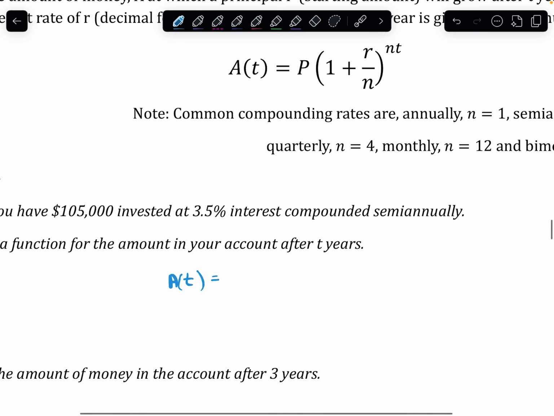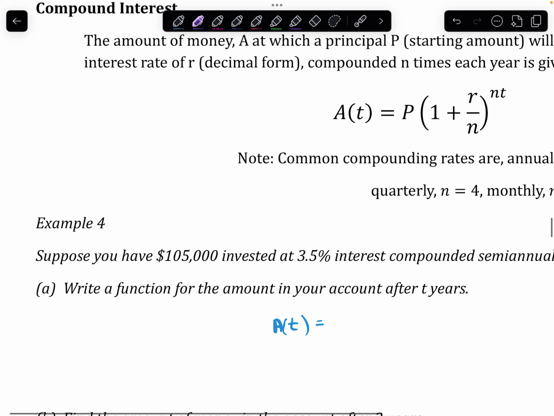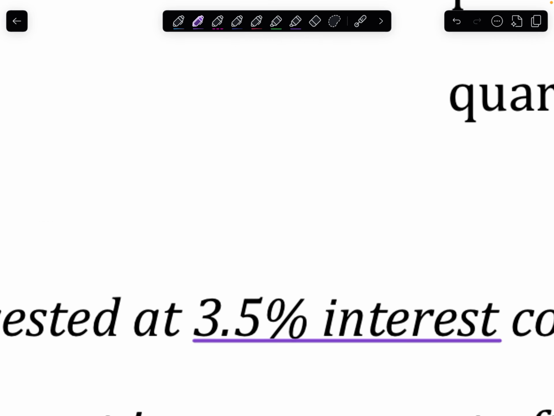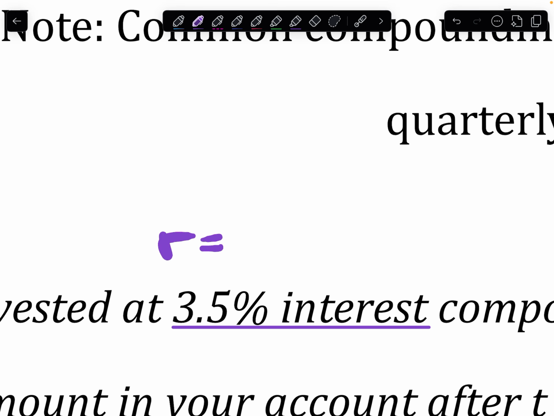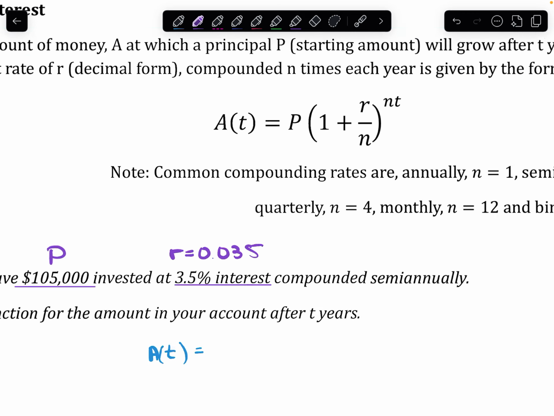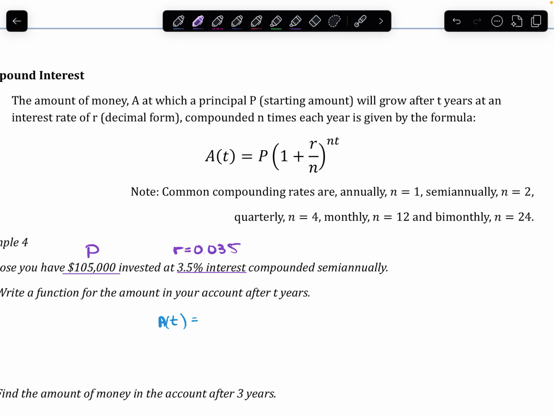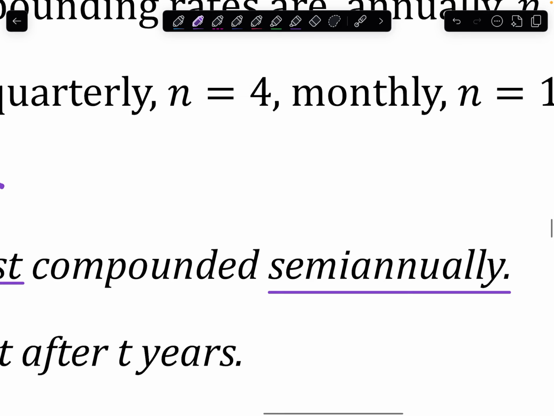All right, so P is the initial amount in the account. So that's our P. R is the interest rate in decimal form. So be careful with that, not 3.5, 0.035. N is the rate at which it's being compounded. So we are doing that semi-annually, which means 2.